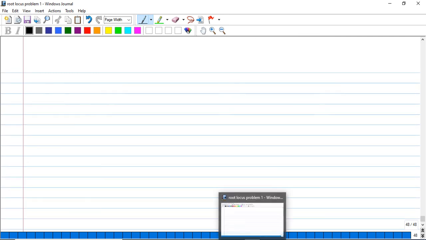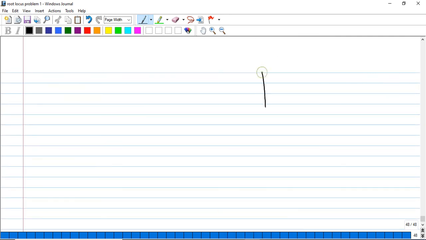So first I will draw the imaginary axis. Okay, let me represent this as the imaginary axis, and let us have a real axis.